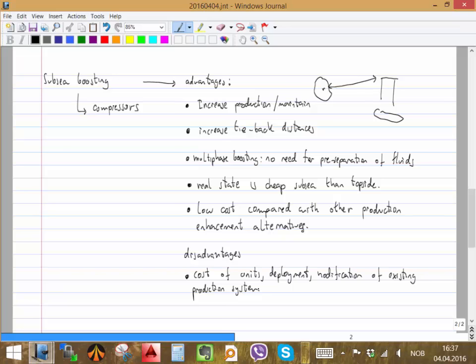And as you will see very soon, it's not only the equipment, where you say, okay, I just install the pump and that's all. There are a lot of other things around it.